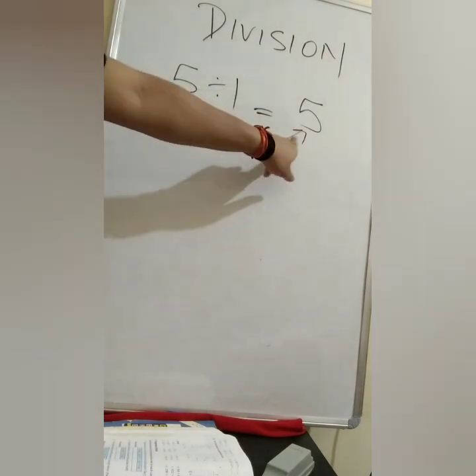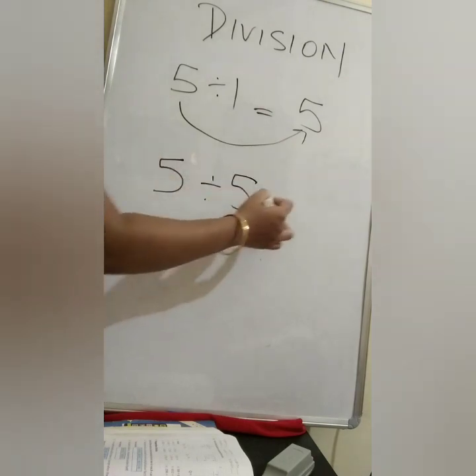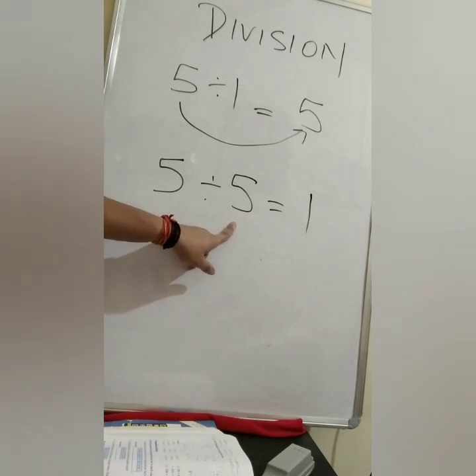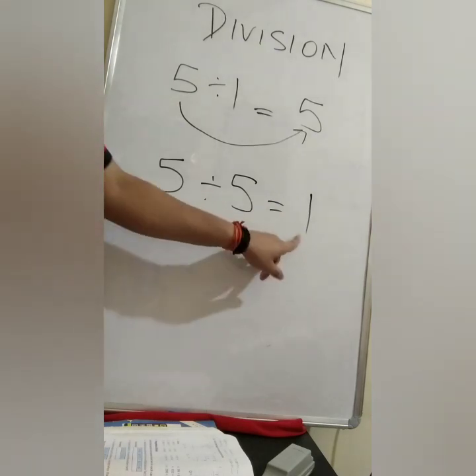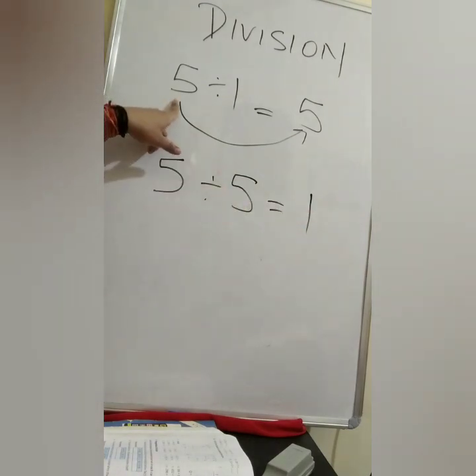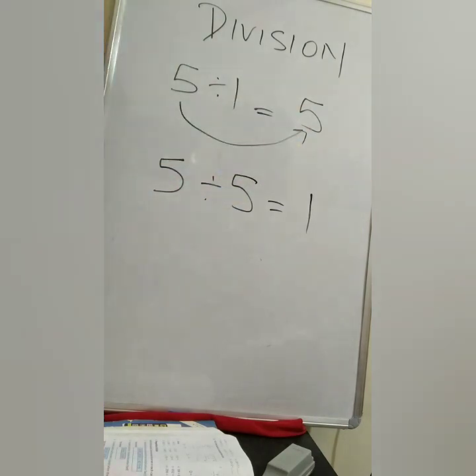The third property is if you divide the same numbers, 5 divided by 5, what are you going to get? 1. If you divide both numbers the same, 5 and 5, you are going to get the answer 1. Whereas if you divide a number by 1, your answer will be the number itself.